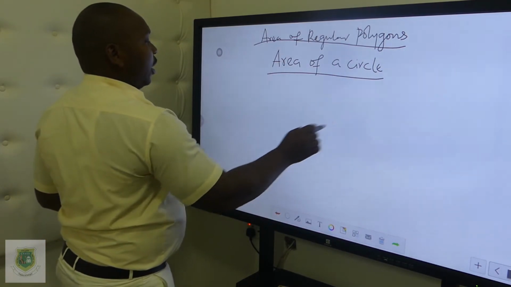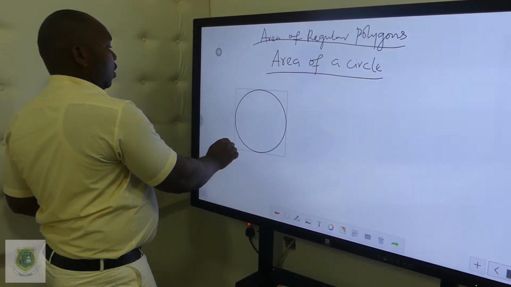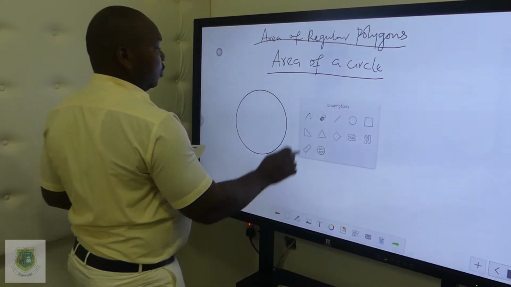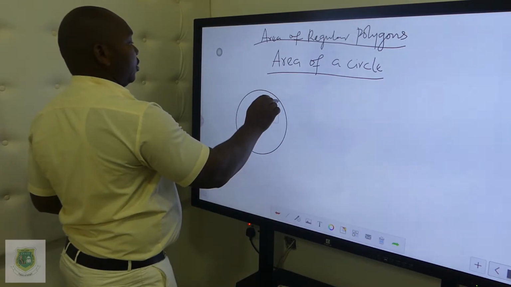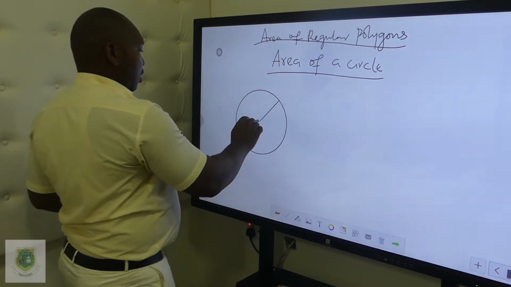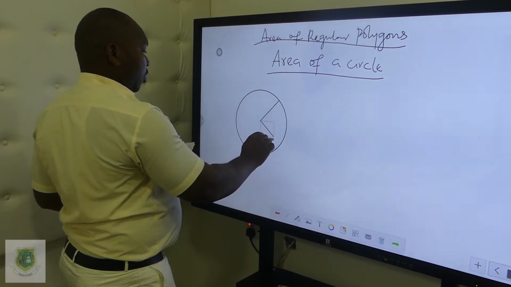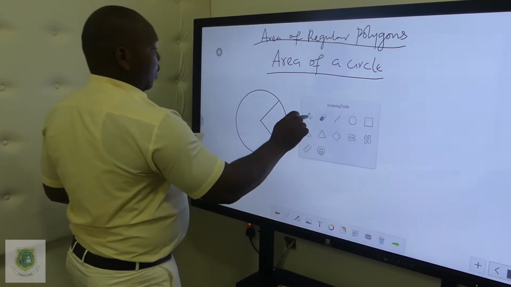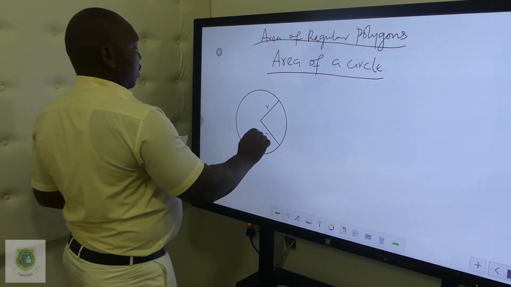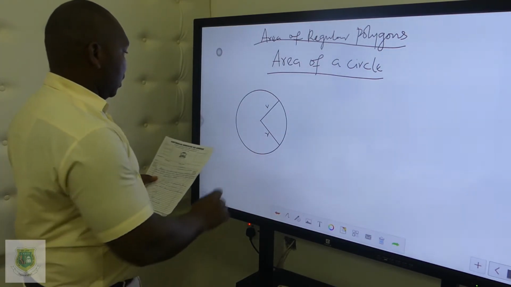Let's draw the circle again. This is our circle. Let's put the radius. The circle is not complete without the radius, because the radius must be there. So this is the radius.